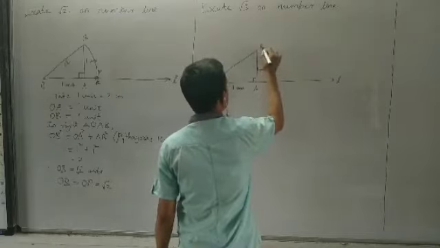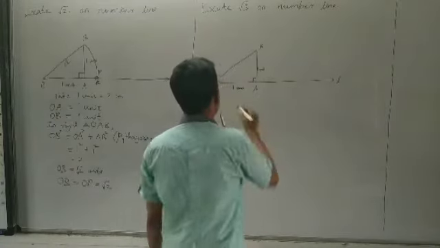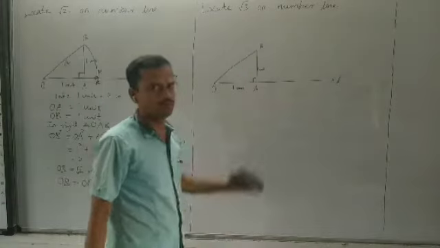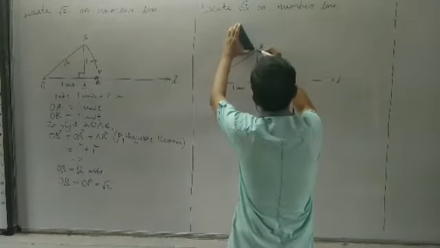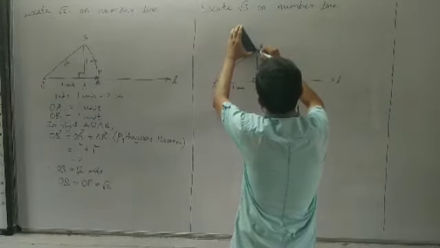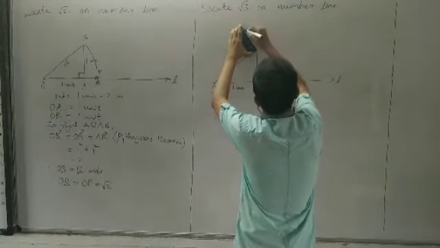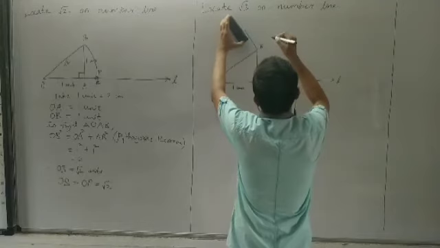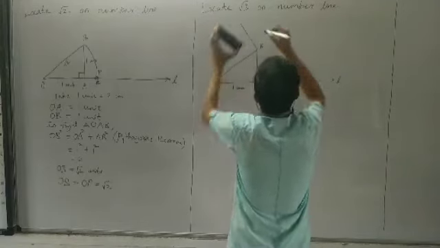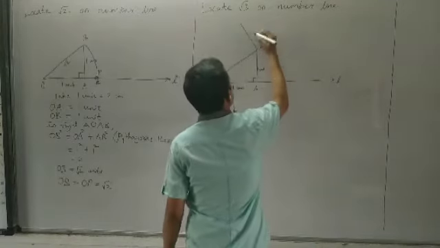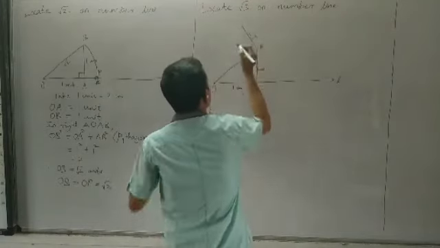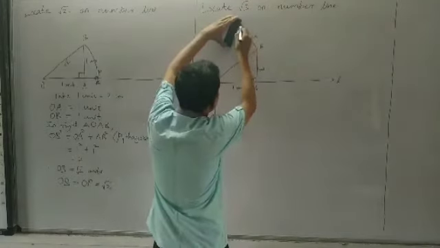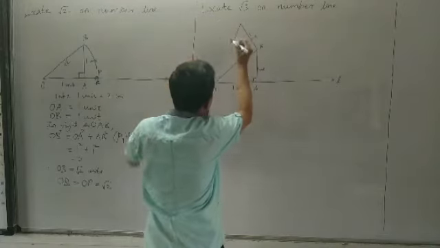This is B. Now again, keeping OB as horizontal, you draw another perpendicular at B. Like this, you can draw. And you take the same 1 unit measure here, 1 unit, and you join these two lines.